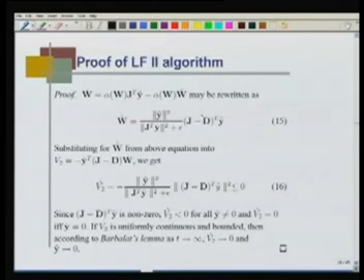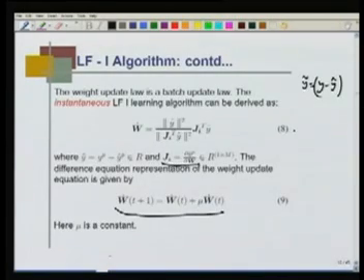This is necessary because if this becomes 0, then W dot does not get updated. We say that W dot should exist. For W dot existing here, this quantity should not become 0. If this becomes 0, then obviously W dot becomes 0, and the weight cannot move along.